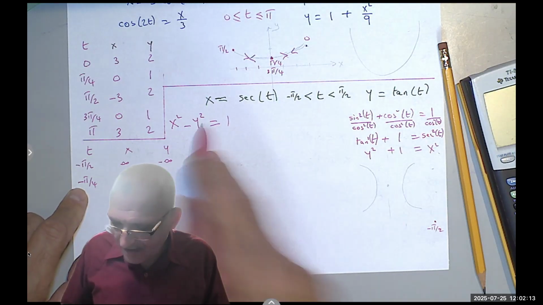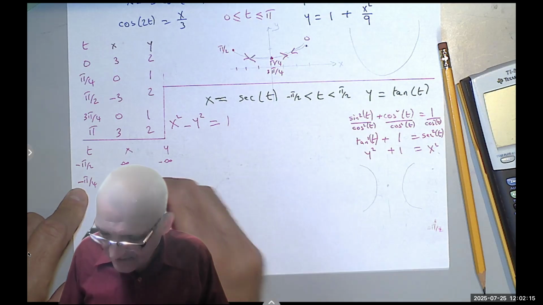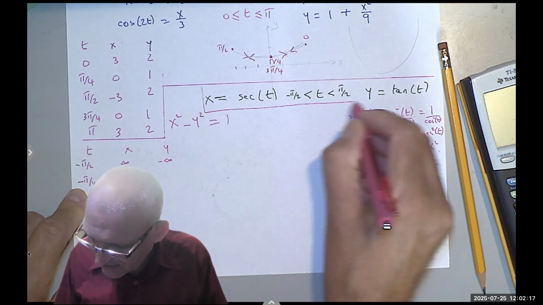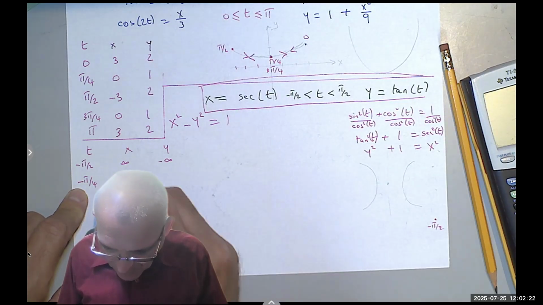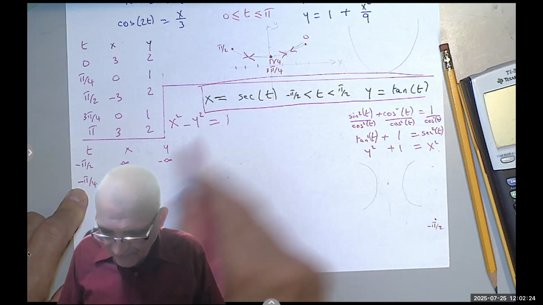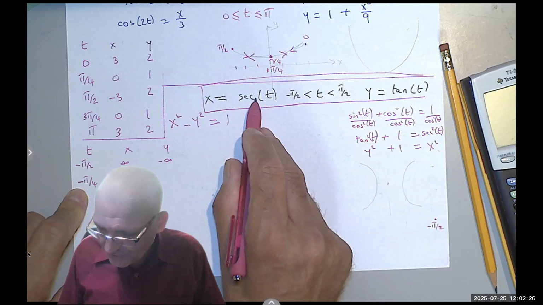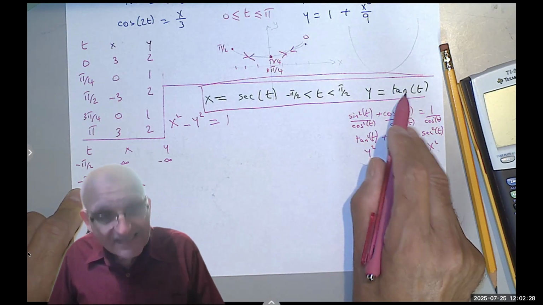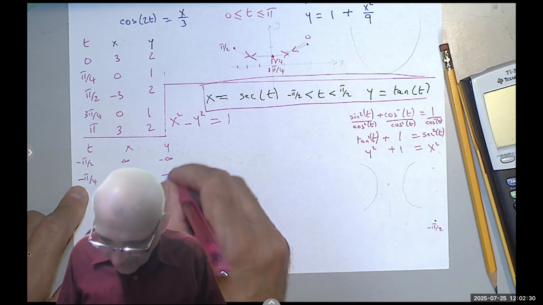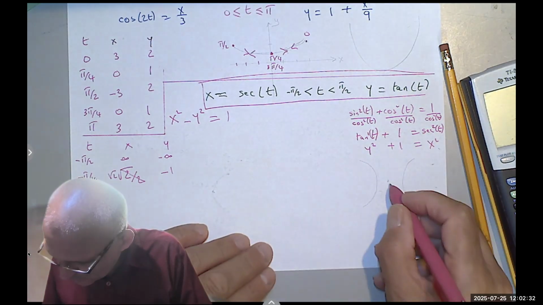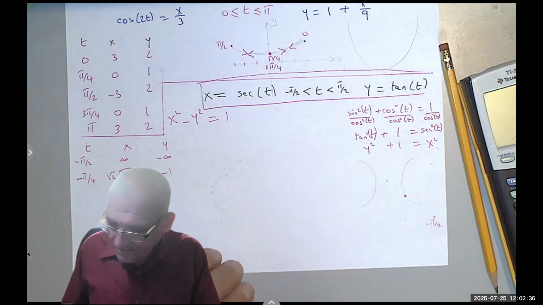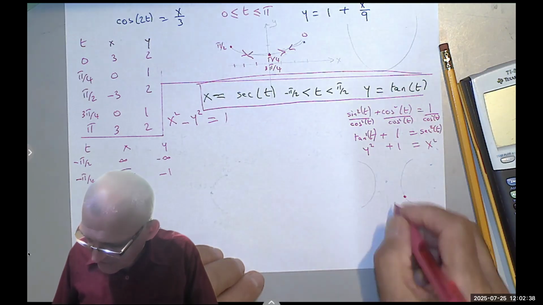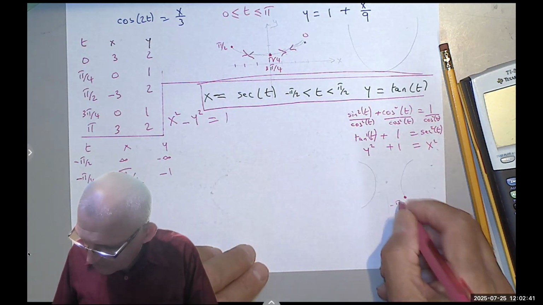I was squaring, I'm sorry. But this is my equation. So secant would be square root of 2, which is the reciprocal of cosine of negative pi over 4, and the tan of negative pi over 4 is negative 1. So I am at root 2 and negative 1 somewhere here.